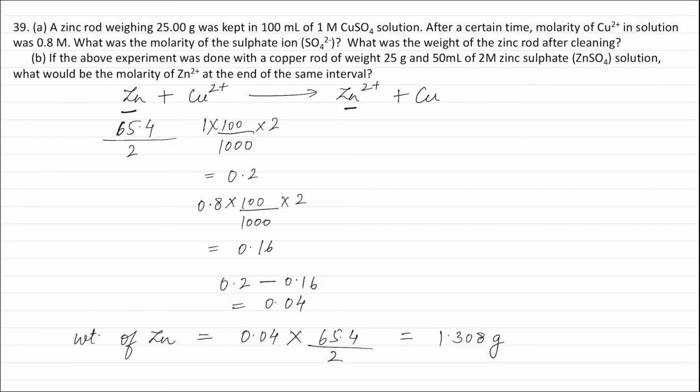So 1.308 grams of zinc changed to Zn2+ ions. Therefore, weight of zinc rod after the reaction will be 25 minus 1.308, and this is equal to 23.692 grams.